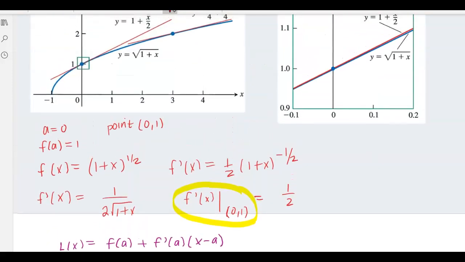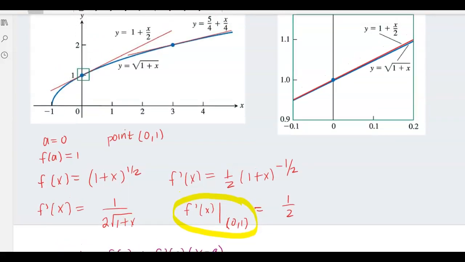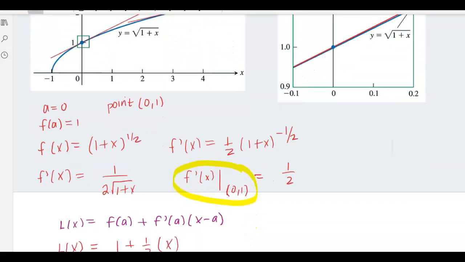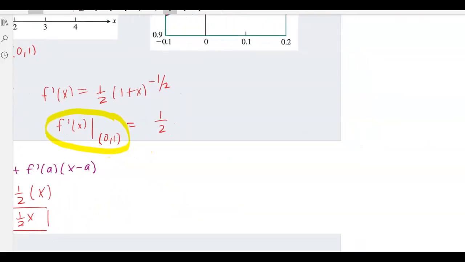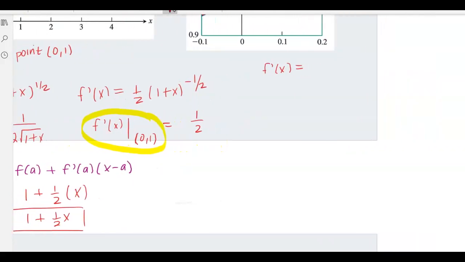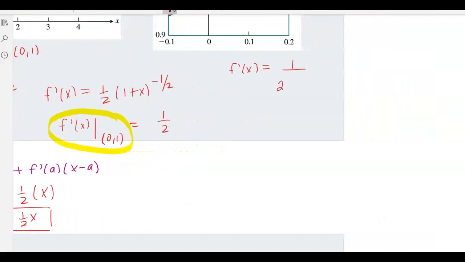Let's repeat that same idea, but this time we'll use the point x equals 3. So we know that the derivative, in general, we just found the derivative. It was 1 over 2 times the square root of 1 plus x. So the derivative at 3 would be, let's see, 2 square root 4.